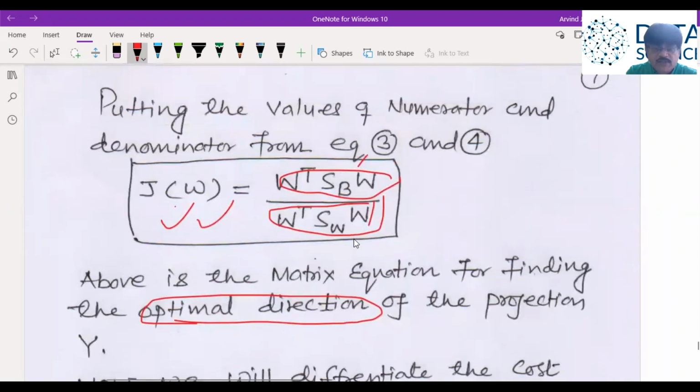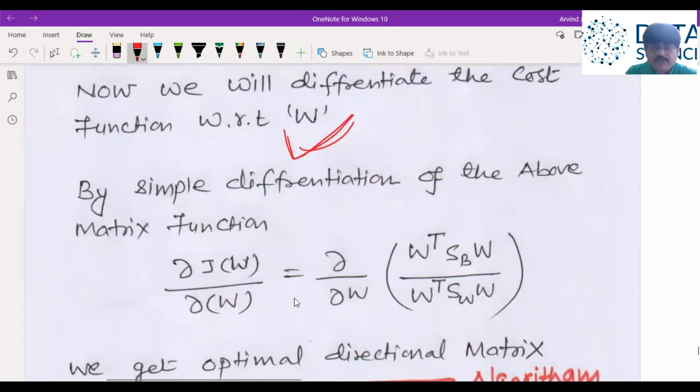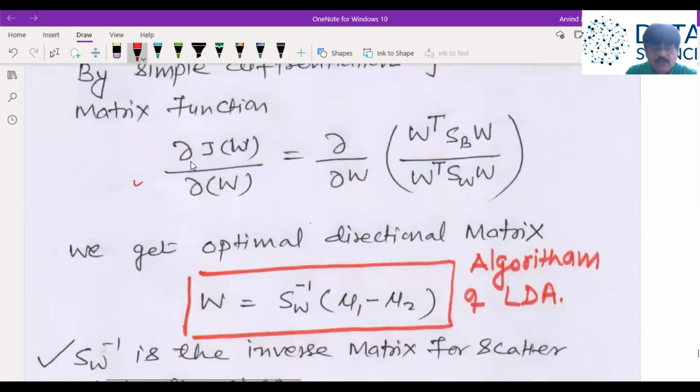It will tell us the direction of the subspace Y. So by simple differentiation, del J upon del W is equal to del W of W^T S_B W upon W^T S_W W. We will get an optimal directional matrix. W is equal to S_W inverse (mu1 minus mu2). This direction W is proportional to mu1 minus mu2, and this should be the maximum part of it.